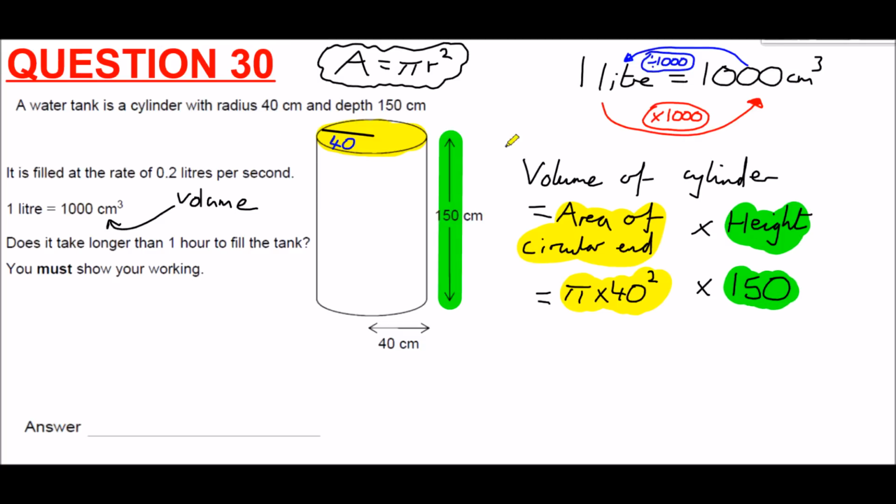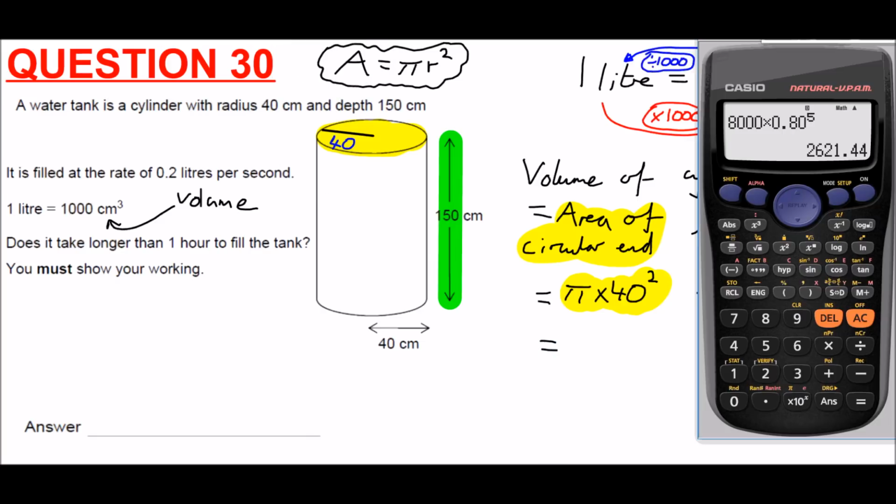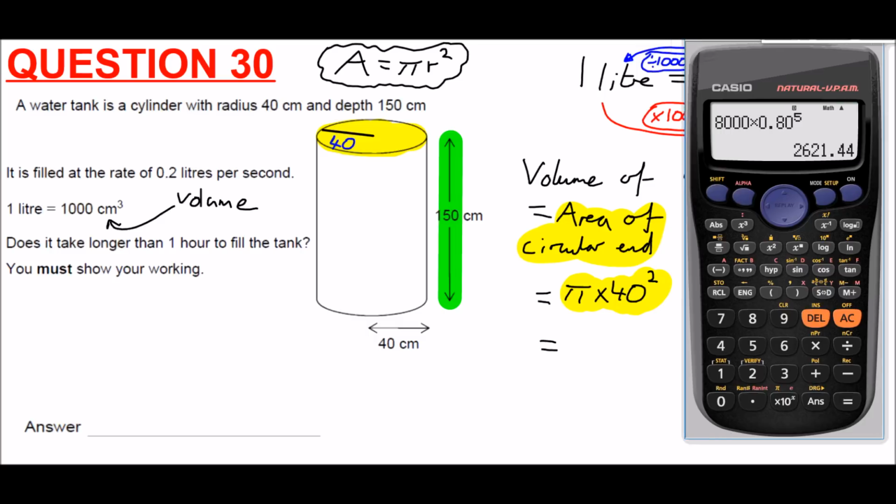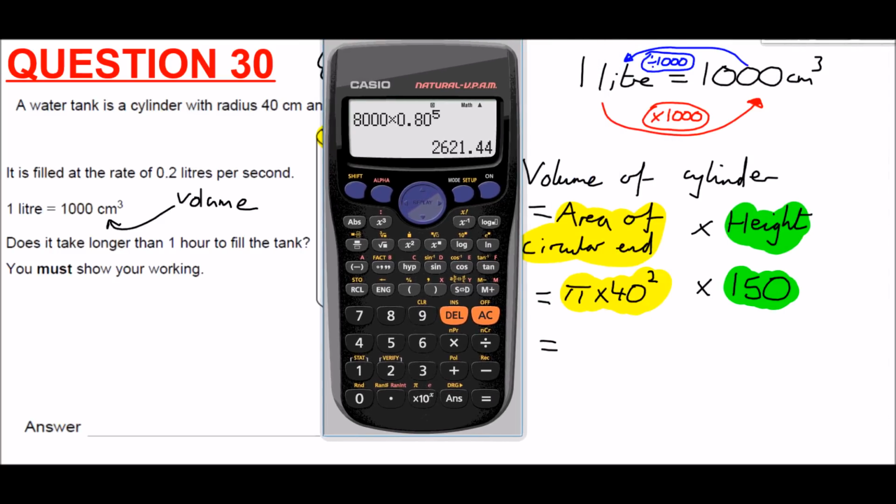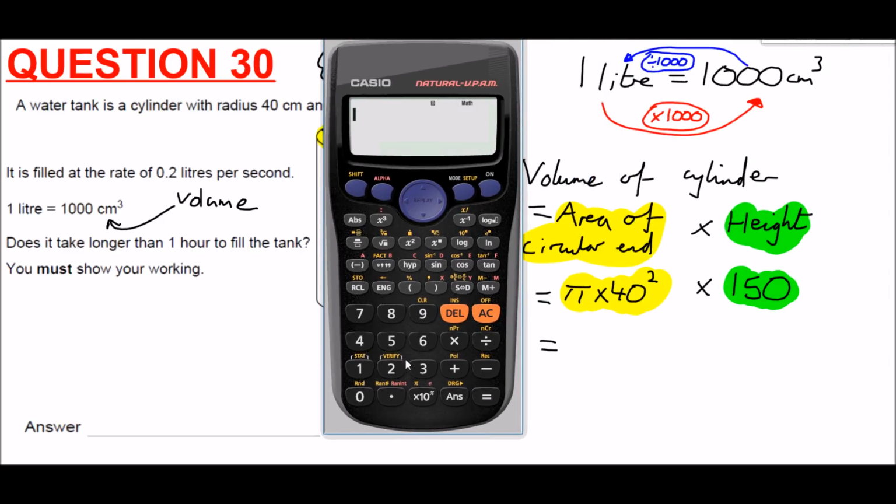So if we just let the calculator do the legwork and do these calculations for us, the volume is pi. To get pi, it's on this calculator at least, it's shift pi multiplied by 40 squared. Then I'm going to multiply that by the height as well. That gives us 240,000 pi.